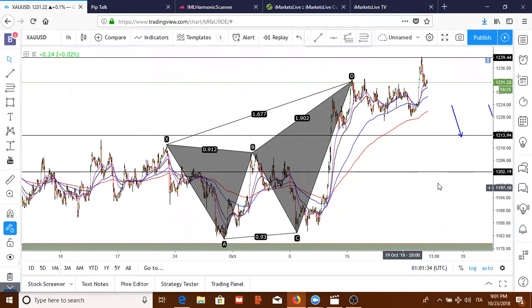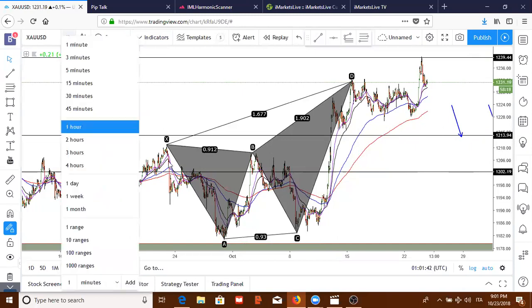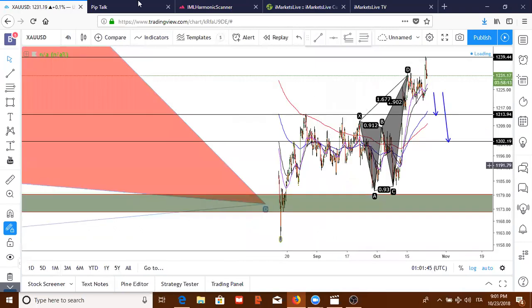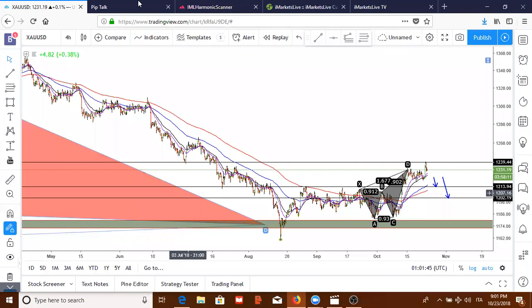The reason why is because if I go up to the 4 hour chart, we have something called the Cypher pattern. You can see I've been in this trade ever since this deep entry point right here. So we catching hella pips right now on gold.